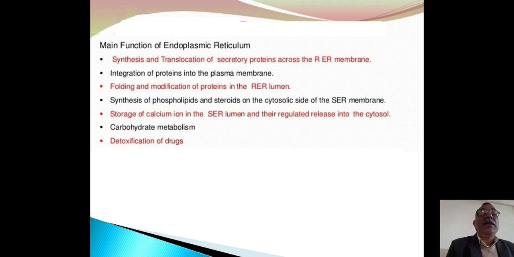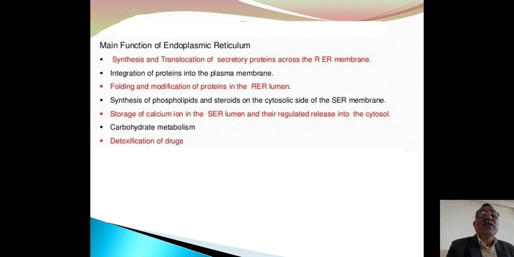Fourth is the synthesis of phospholipids and steroids on the cytosolic side of the smooth endoplasmic reticulum membrane. Storage of calcium ion in the smooth endoplasmic reticulum lumen, and its regulated release into the cytosol.